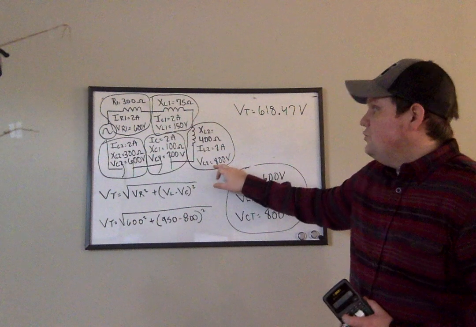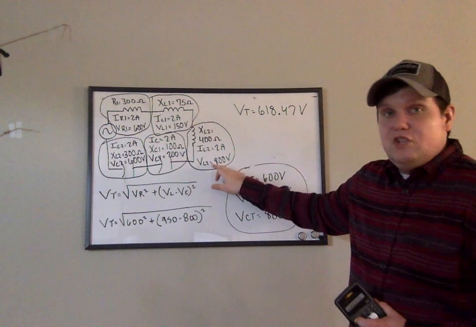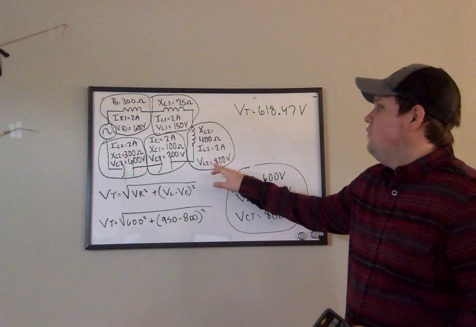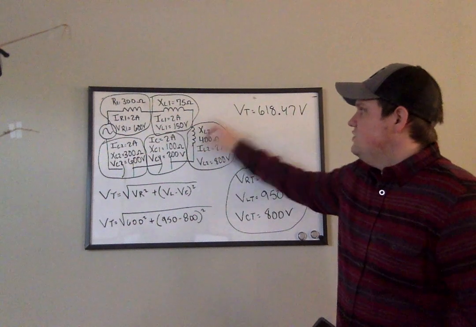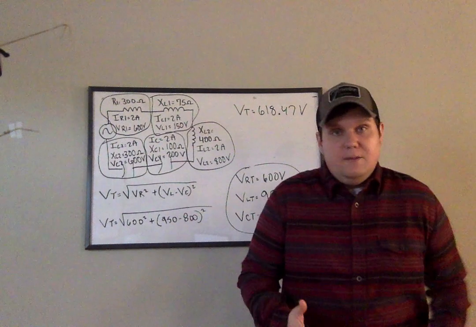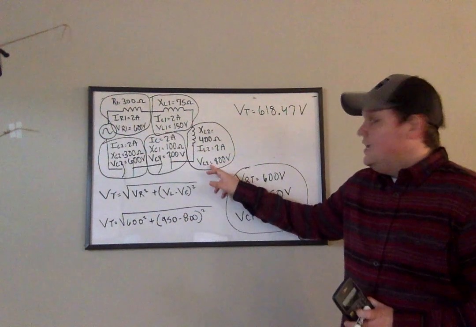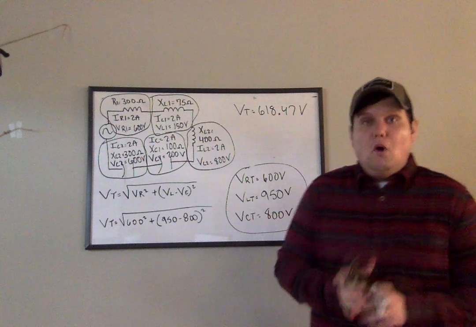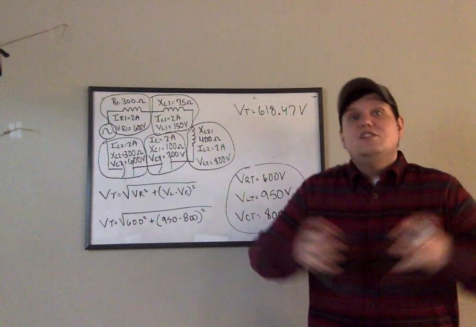Well, VL2 is 800 volts. I'm almost 200 volts higher across this inductor than what total is. And that's okay. Remember, this is just a magnetic field inducing a voltage, inducing a CEMF.